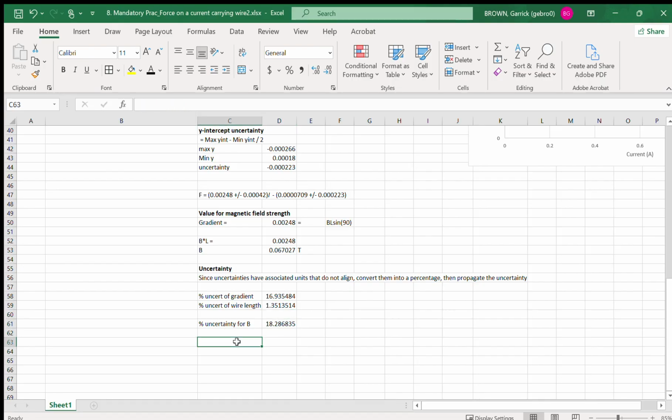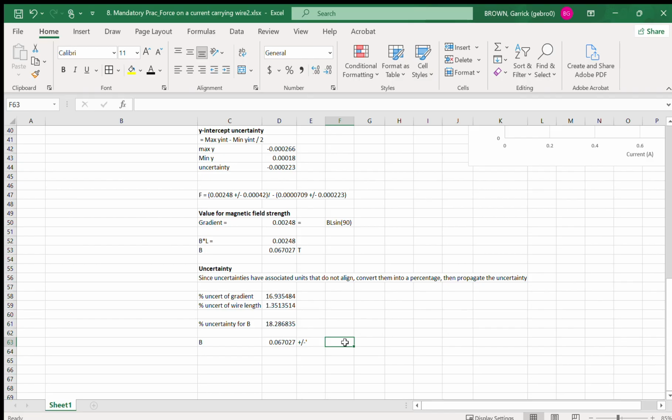So overall, we have our magnetic field strength is 0.067027 Tesla, plus or minus, I'm just going to have to do this here so it doesn't actually think it's a formula, plus or minus, well, what we could do is turn this percent into Tesla units.